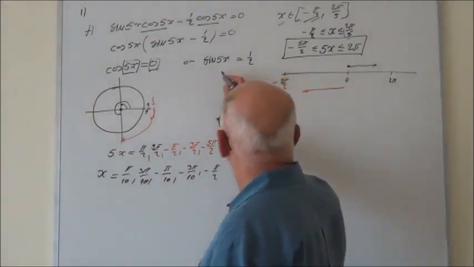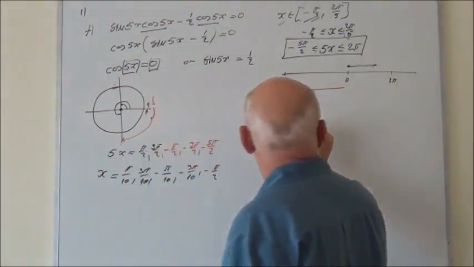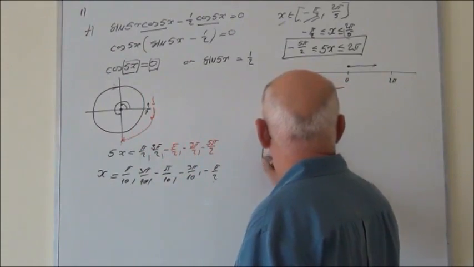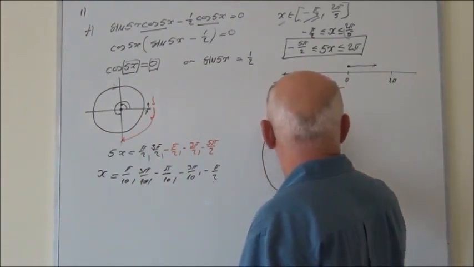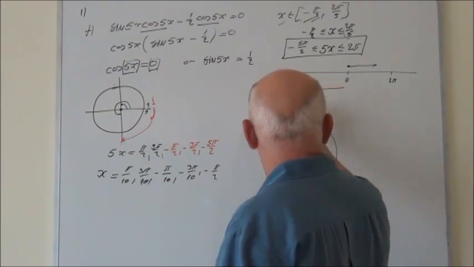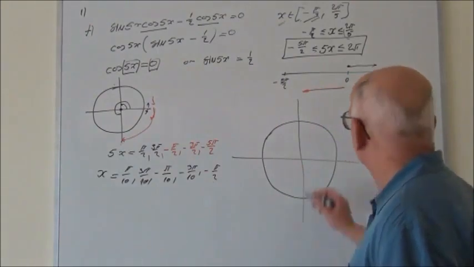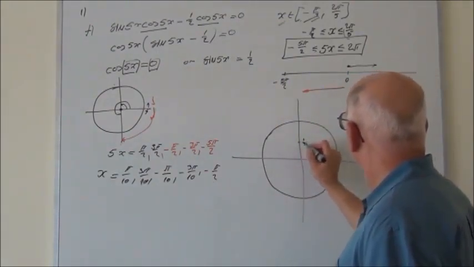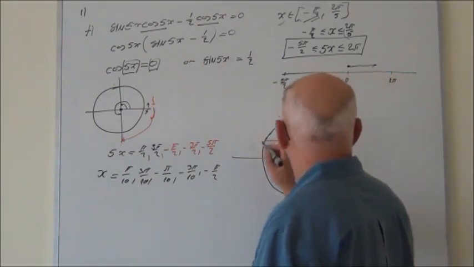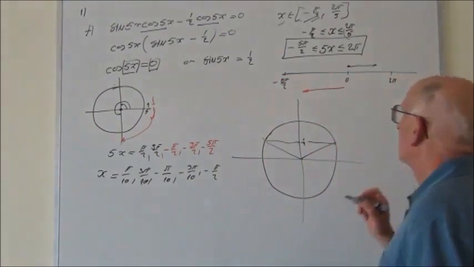Now, to solve this equation, I will make a circle here. And we have one half for the sine function on this axis, somewhere here, with two possible angles, this one and that one.